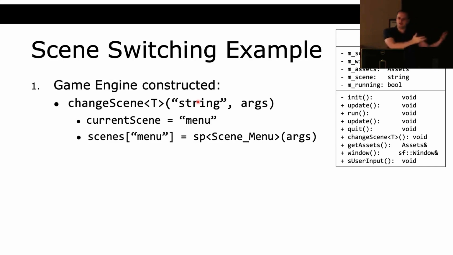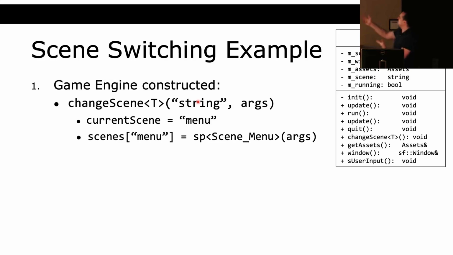So if I keep that scene around and I don't destroy it, then if I call change scene, if that scene's string already exists, I don't need to reconstruct that scene. It already is there. I just need to change the active scene to that scene. And maybe the gameplay of the other scene gets paused. But it just allows us to keep these scenes around if we want.